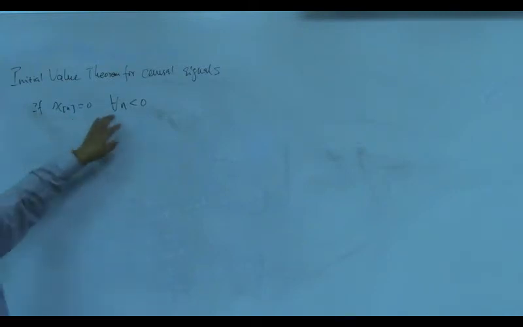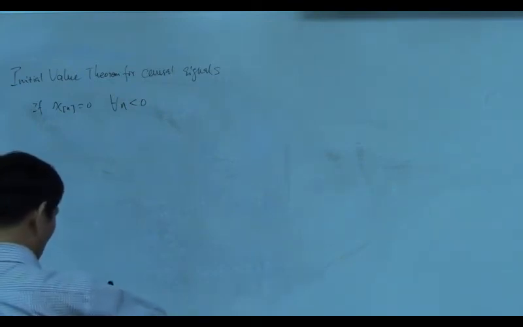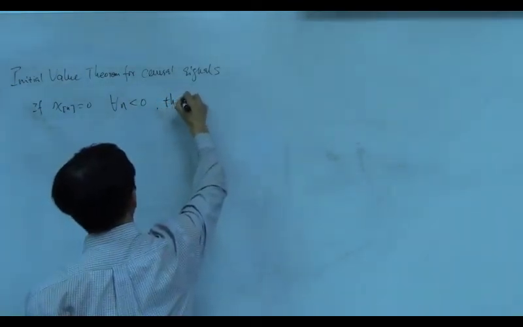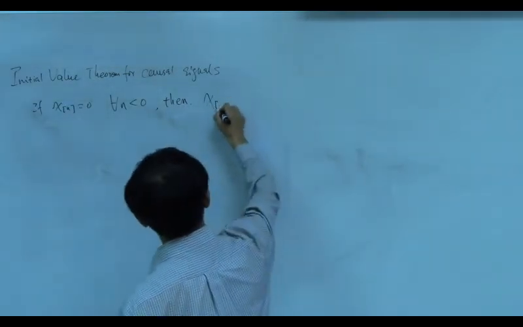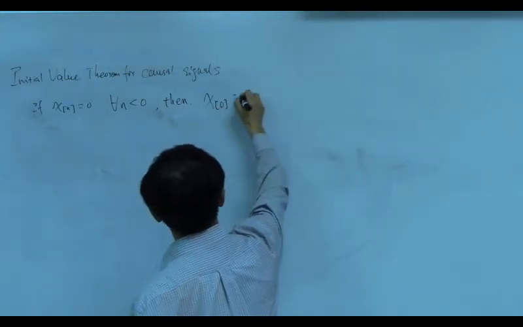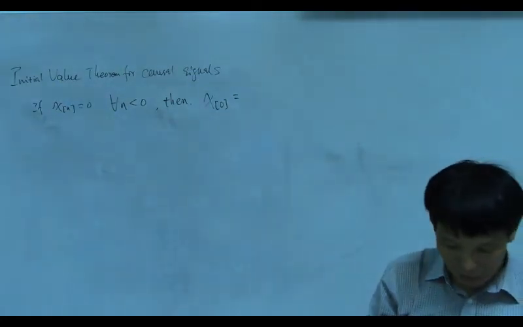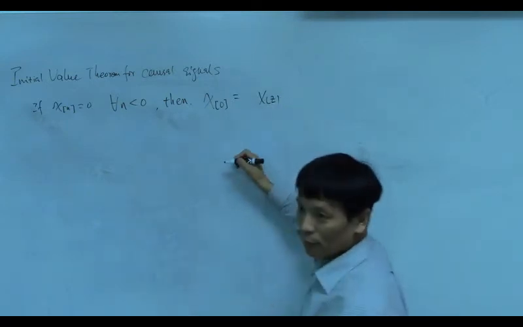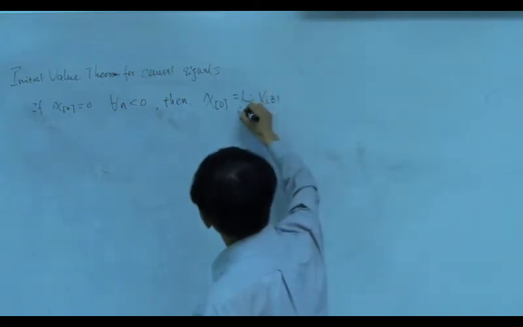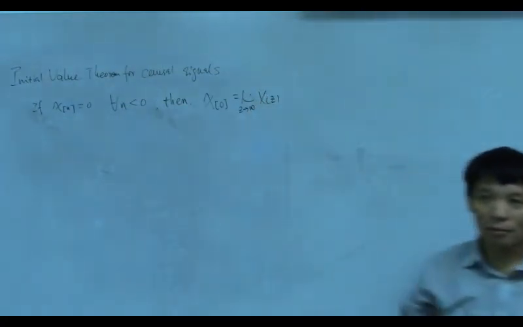If x[n] equals 0 for any n less than 0, then because we don't have any value for negative time, what is the initial value? The initial value will be x[0], right? Then what is x[0]? Once we know the Z transform, we take the limit as z goes to infinity, and that's it.